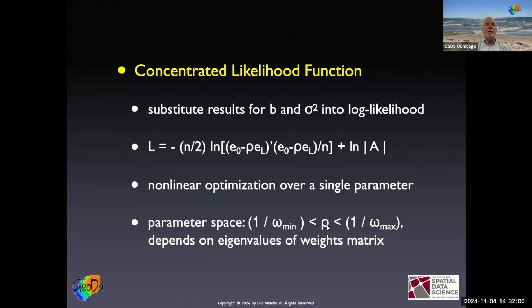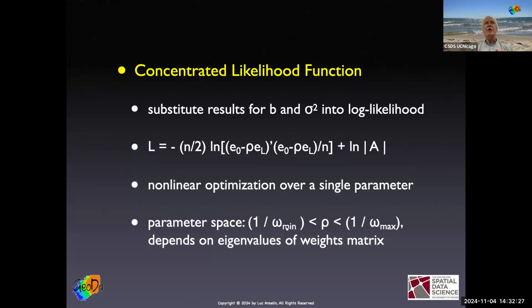And that's determined by the largest and the smallest eigenvalue of the weights matrix. So we're back to our weights matrix. If we have row standardized weights, the largest eigenvalue is 1. The smallest one is a little more negative than -1. Most people ignore that. So they go -1 to 1. That's not actually correct, but it's good enough.